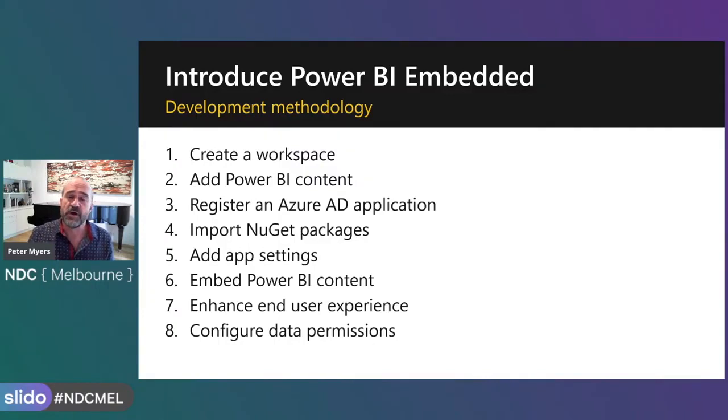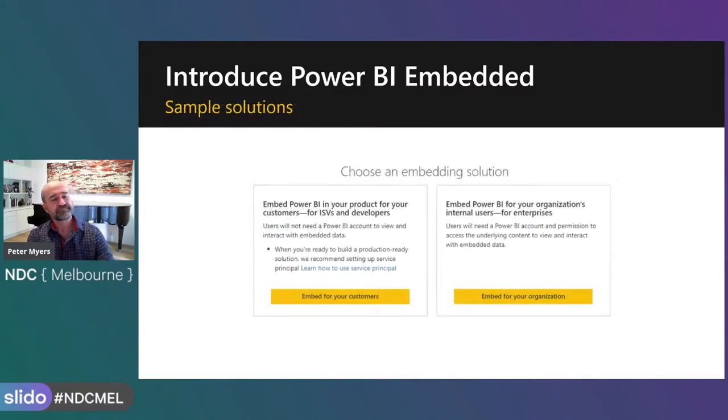And so therefore, it's possible to use what we call effective identity to limit data visibility for various users. For example, the manager has the ability to see all of the data, but individuals can only see their specific projects that they're working on. All right, so we'll talk about that in a bit more detail shortly.